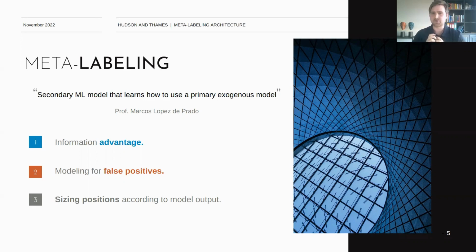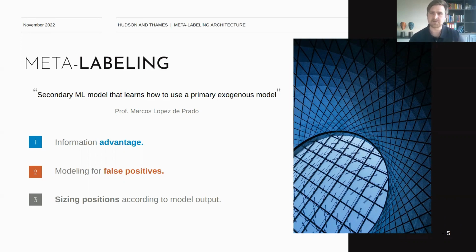Then you have a secondary model where the target variable is whether the trade was profitable or not. So the model would filter out some of the trades that are false positives, so it would reduce recall, but increase precision and ultimately lead to a higher F1 score, which leads to a higher Sharpe ratio.